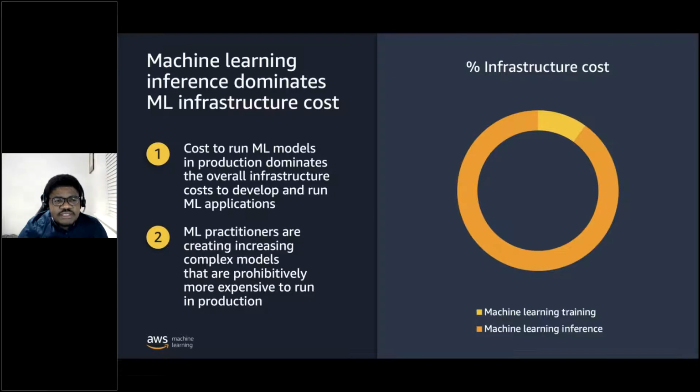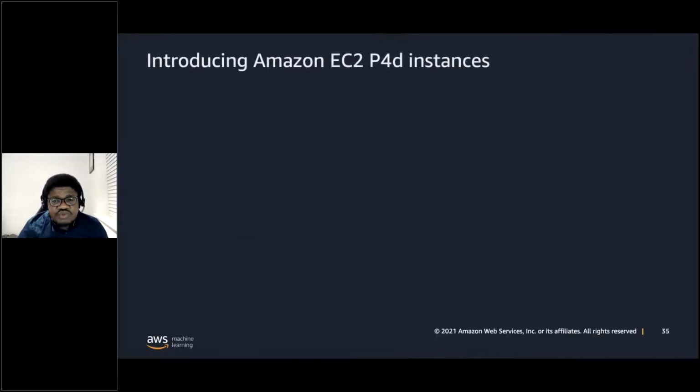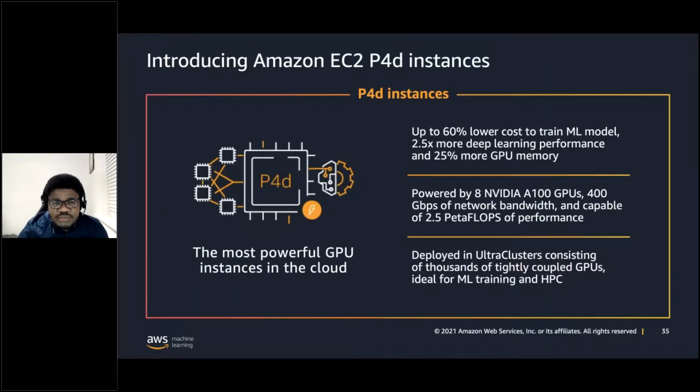Training takes quite a bit, but the majority is around inferencing. We are innovating in these areas, and we are building AWS custom chips, like I mentioned on the last slide, to help you reduce some of these costs and innovate and leverage machine learning technologies. One of the releases we did recently was the introduction of Amazon EC2 P4d instances, and this helps customers deliver the highest performance for machine learning and also high performance computing.